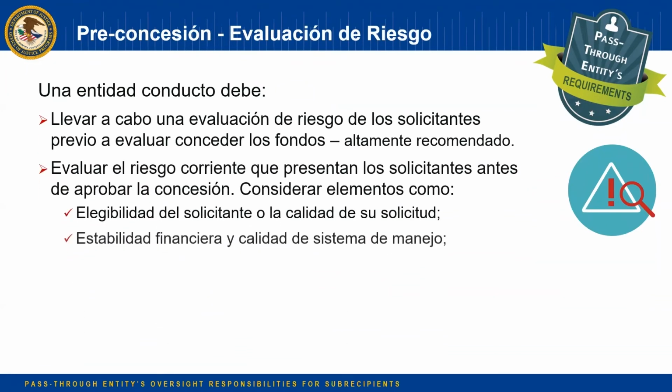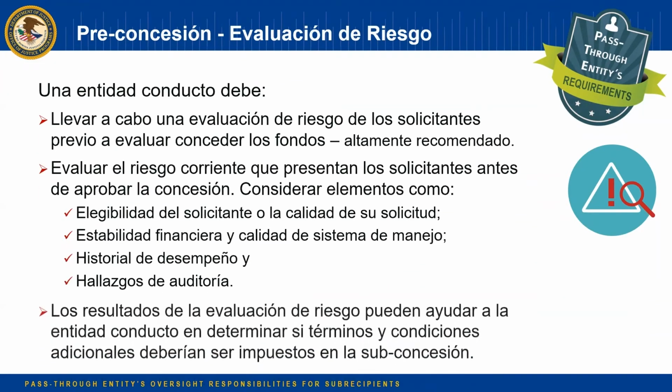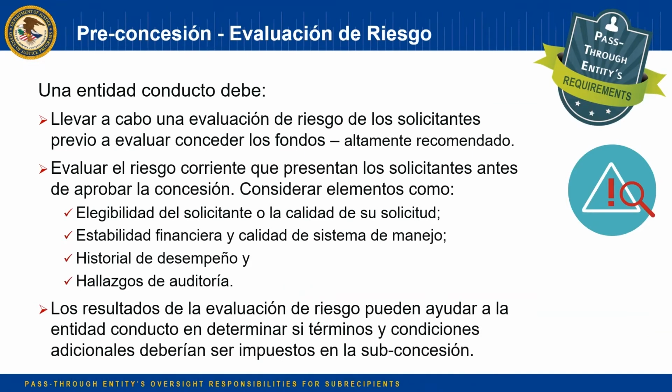When I talk about a pre-award risk assessment, I am now talking about something that I highly recommend as opposed to the uniform guidance requirement, okay? So I am recommending that a pass-through entity performs a risk assessment at the application phase prior to making those awards.